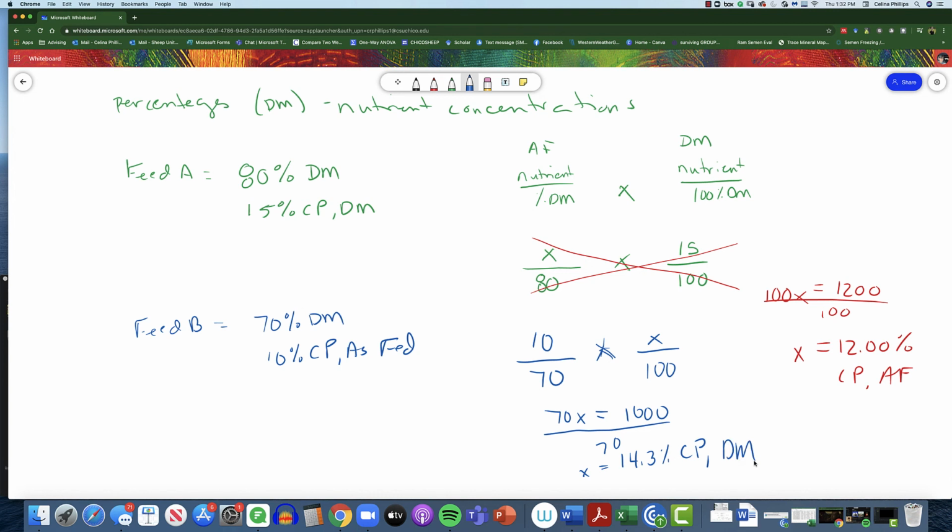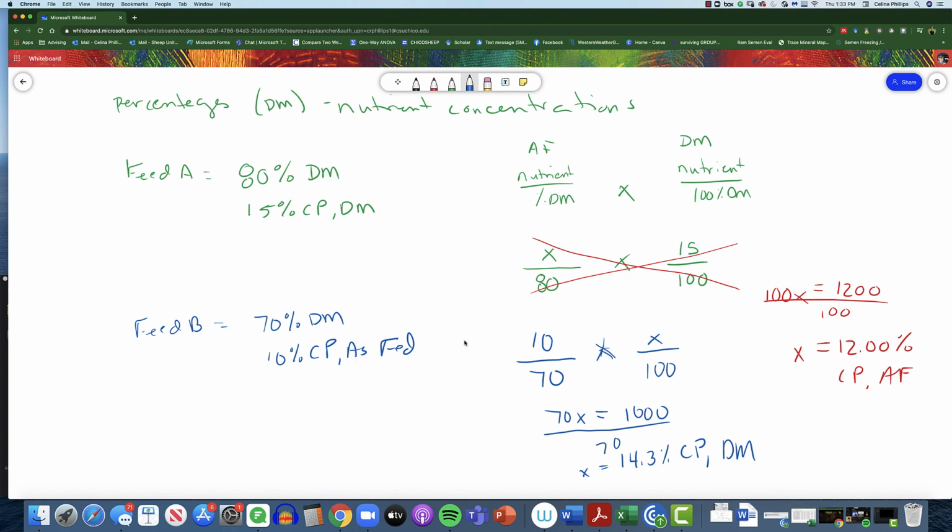When I'm teaching students to first start with dry matter and as-fed, I really encourage people to write down the basis, dry matter or as-fed. Frankly, to this day, I still write it down just to make sure I don't get things mixed up. And in this direction, what we learned is that we're going from an as-fed basis.